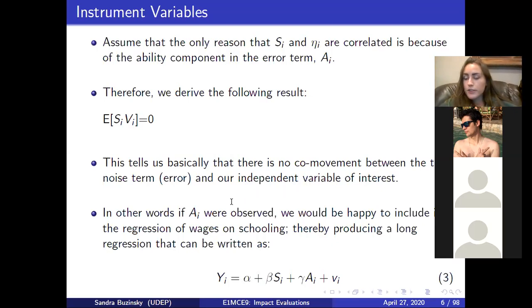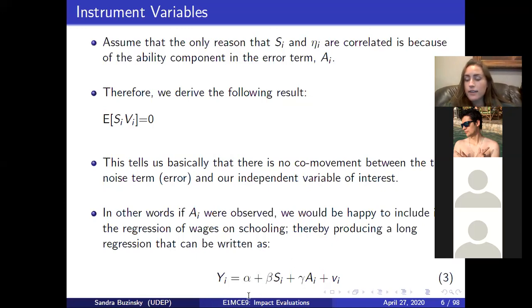So, of course, since ability is causing all the problems, it's causing the bias in our estimation, we would like to control for it. We would like to remove it from our error term. So if we could, we would put it into our regression of wages on schooling, or the effect of going to school on wage, and that would give us a regression written as here in equation 3.